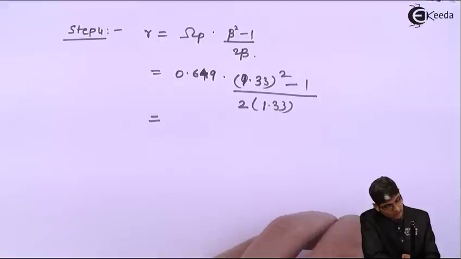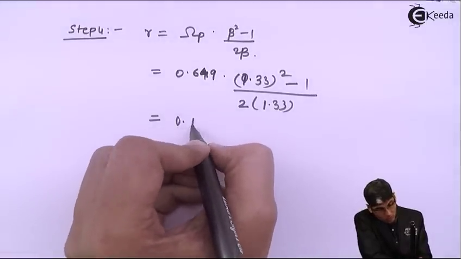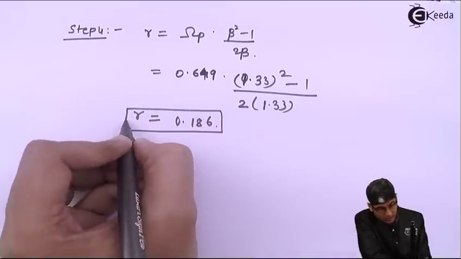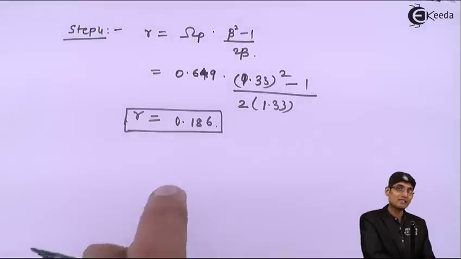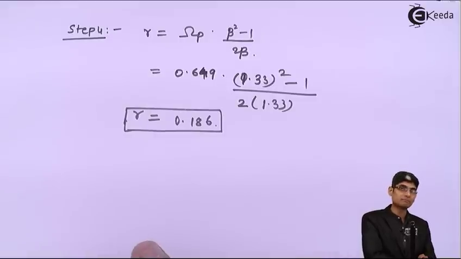So small r comes as 0.186, a very sharp ellipse, because the minor axis is very small. Always remember r will be less than 1 and it will be in terms of point only.